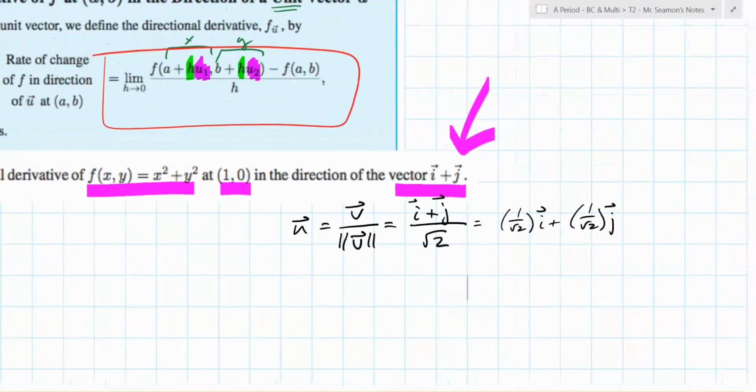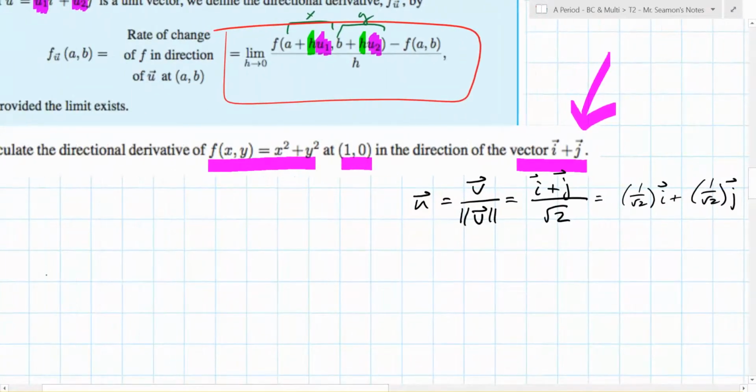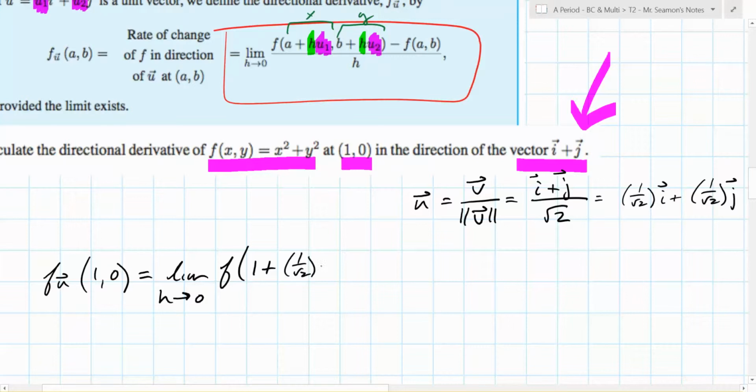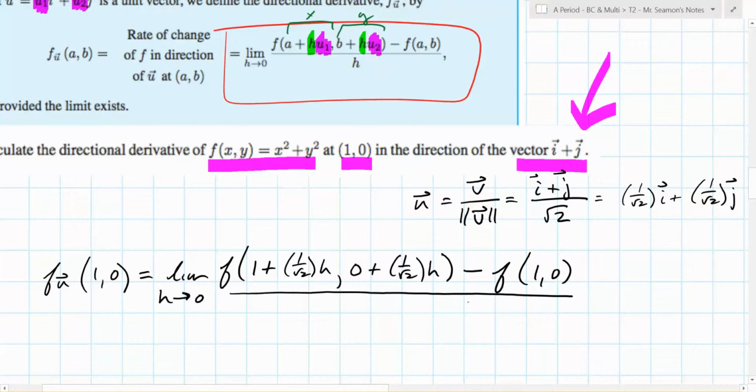Let's use this limit definition. So if we want the directional derivative f_u, it equals the limit as h goes to 0 of f of, what's a in this case? 1 plus 1 over root 2 times h, comma, 0 plus 1 over root 2 times h, minus f of (1, 0), all over h.